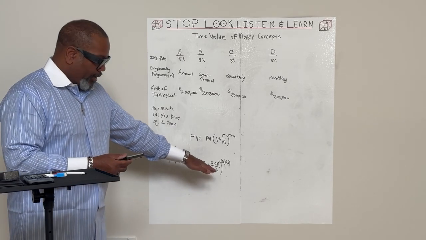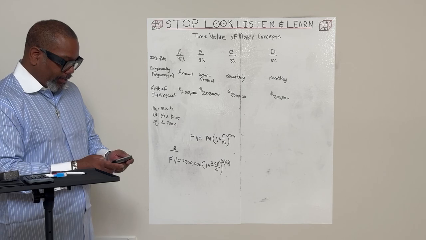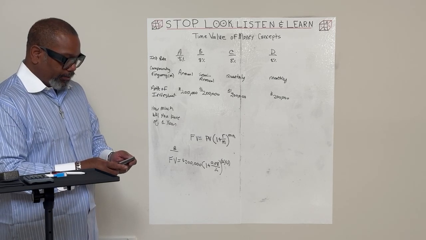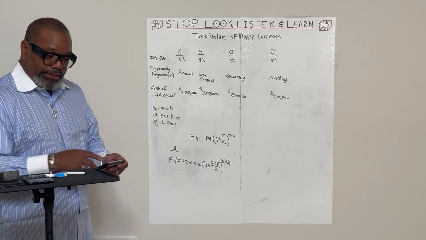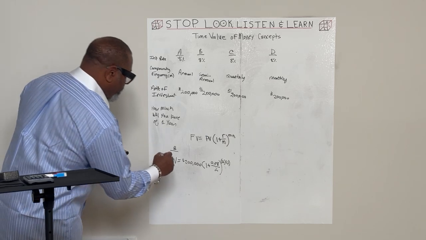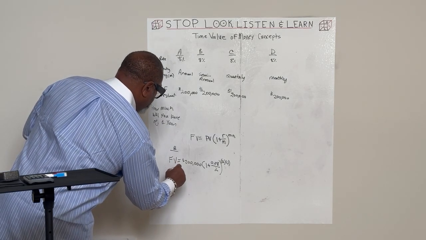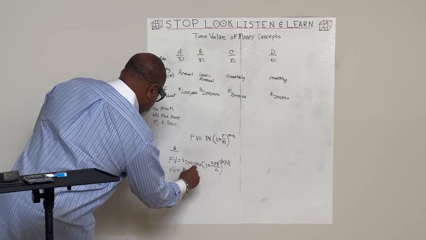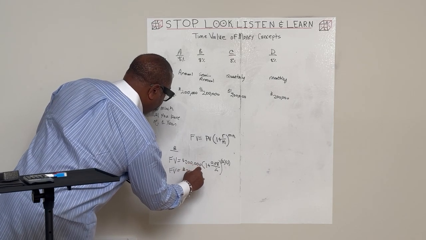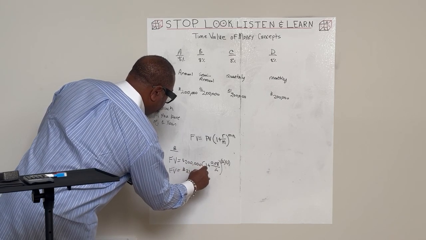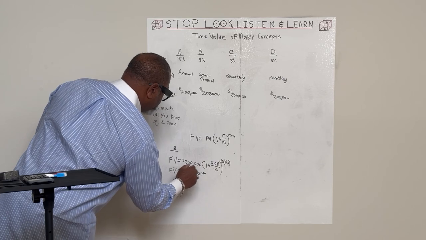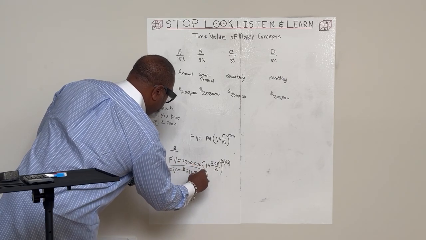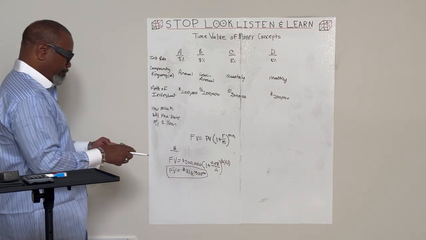And so we'll have the factor, and then we're going to multiply that factor by 200,000. And then we are going to end up with the future value of $216,320. That's if we go with Bank B.